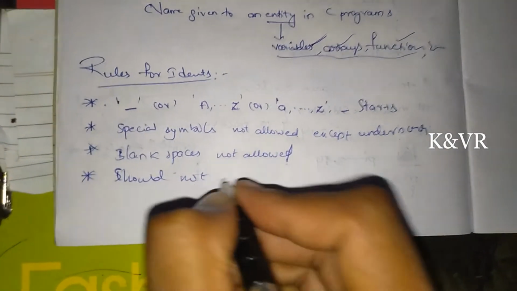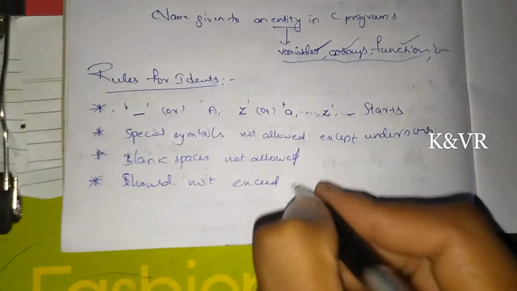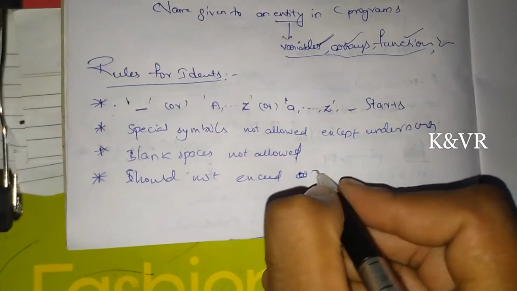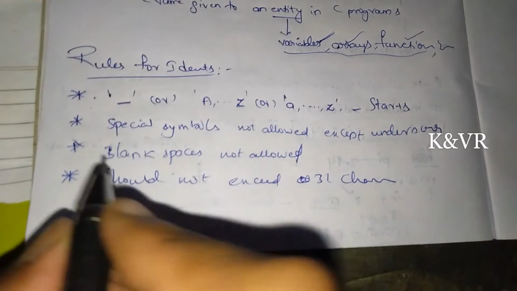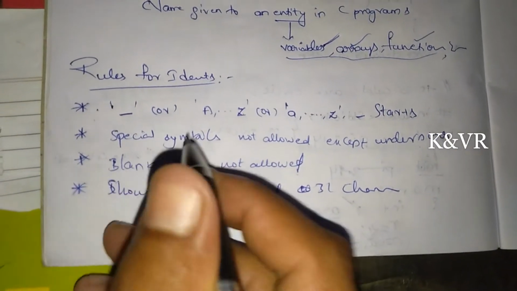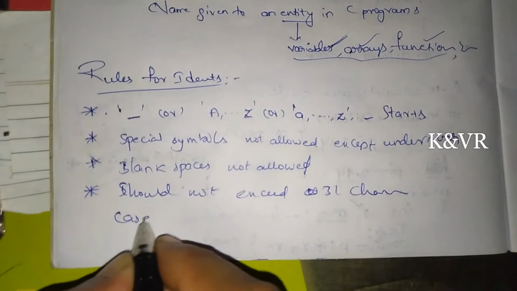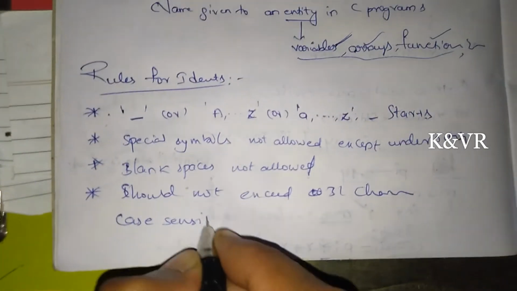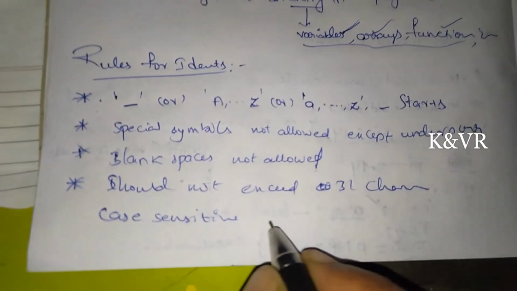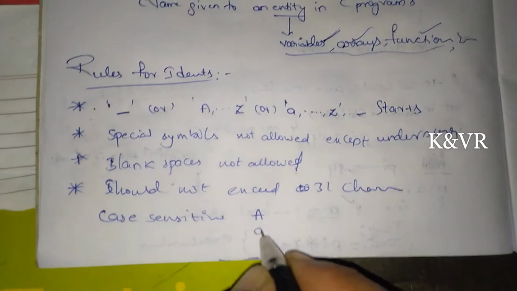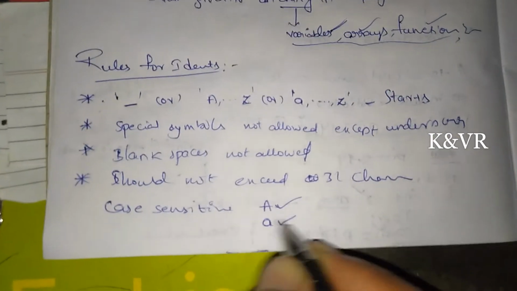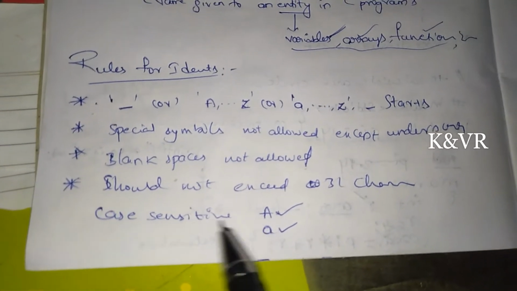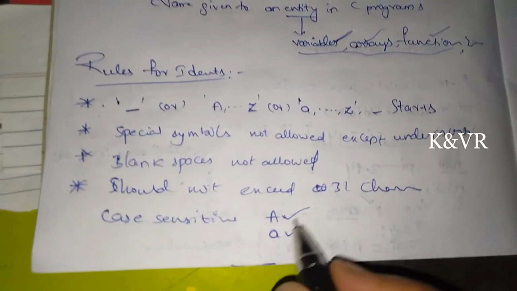You should note one more key point: C is case sensitive. Case sensitive means there is a difference between capital A and small a. C recognizes whether it is capital A or small a. That's why you should be very careful when writing a C program.